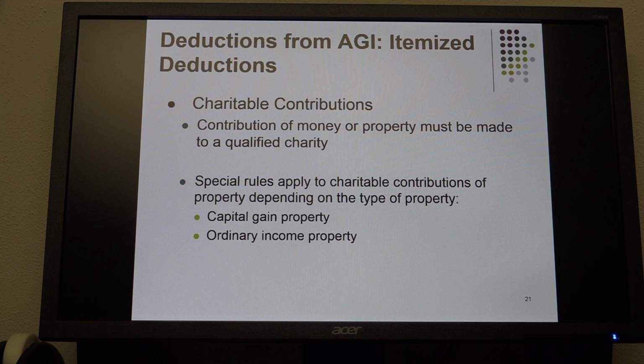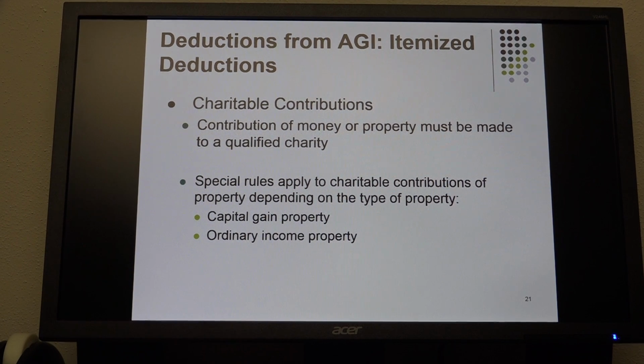Note that qualifying charitable organizations, as a general rule, include organizations that engage in educational, religious, scientific, governmental, and other public activities. And notice that IRS Publication 78 lists the organizations that the IRS has determined to be qualified charities.